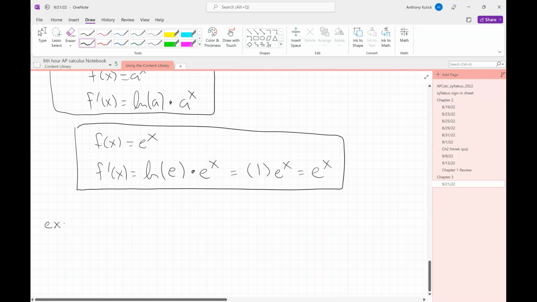So a little quick example. Suppose f of x is equal to 7e to the x minus x, and we want the first derivative and the second derivative.